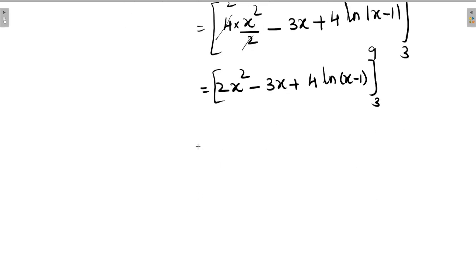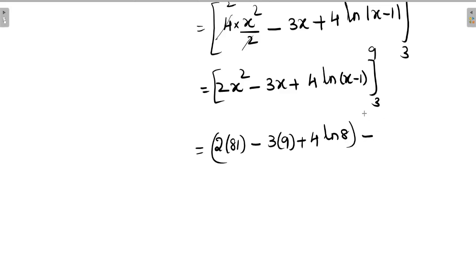Let us substitute the upper limit, that is 9. So 2 times 9 square is 81, minus 3 times 9, plus 4 times ln of 9 minus 1, which is 8. This is the upper limit.